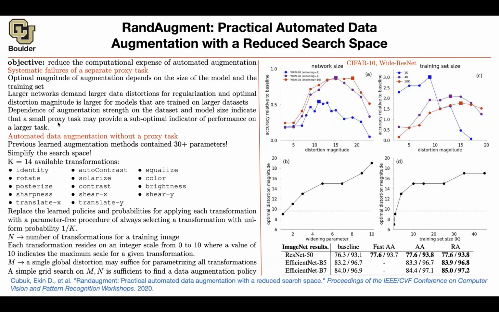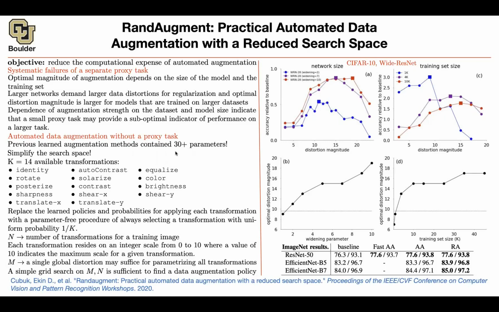ImageNet is big enough that you cannot keep exploring 30 plus more parameters. That's why you need to reduce your search space. So there is no free lunch again. If you want to have a dedicated augmentation policy for ImageNet, you cannot work with a lot of flexibility or a lot of degrees of freedom.